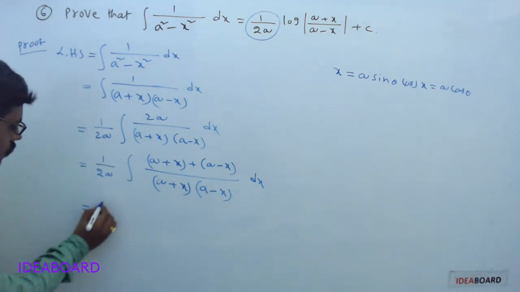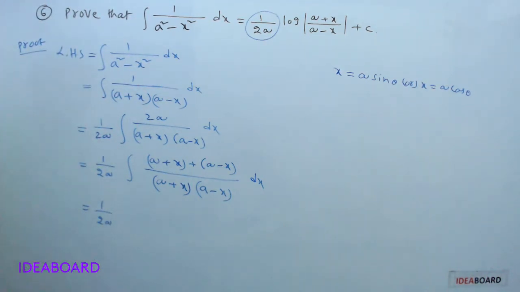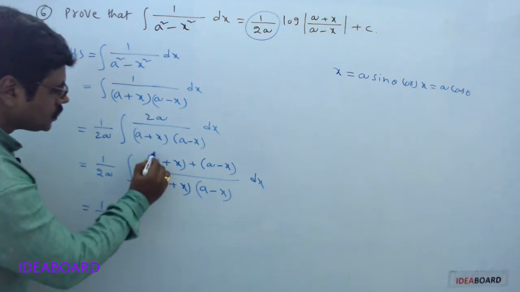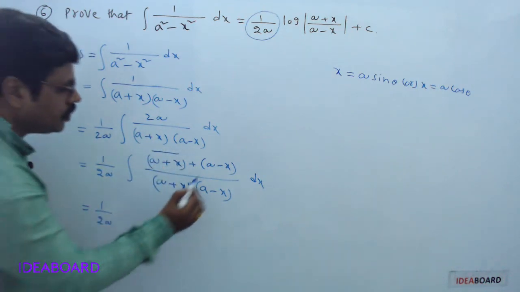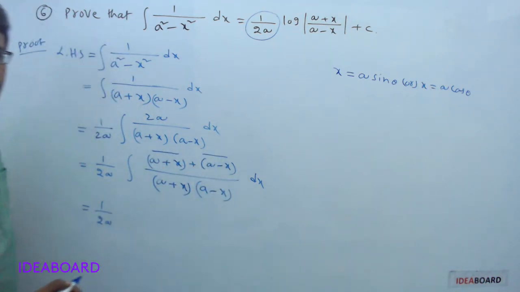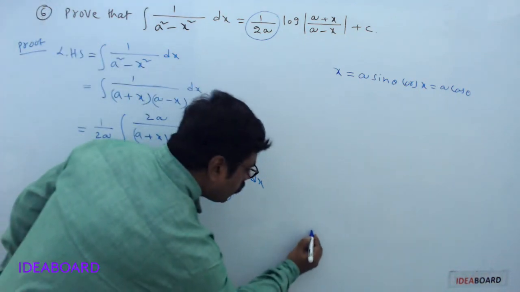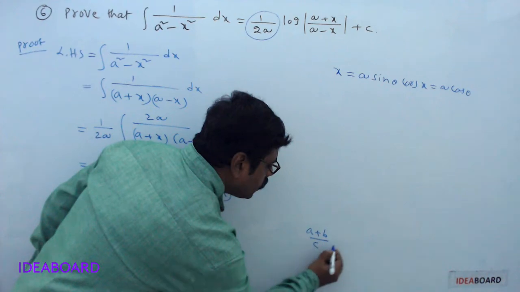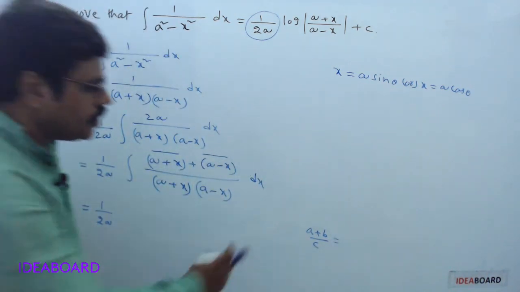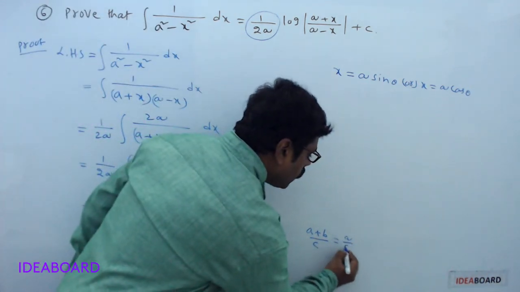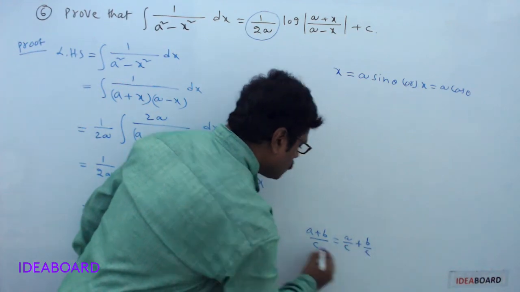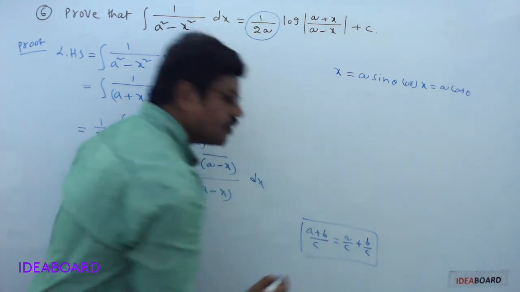Now this equals 1 divided by 2a into, now consider a plus x as a single term and a minus x as a different term. This integrand is of the form (a plus b) divided by c. It can be taken as a divided by c plus b divided by c.